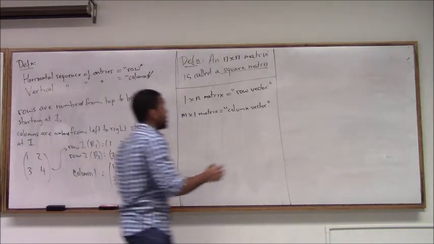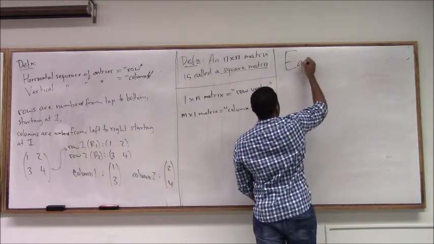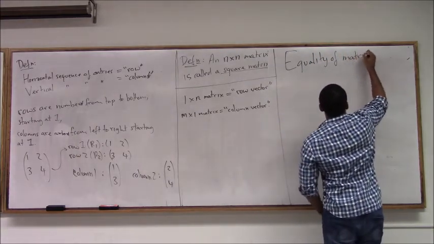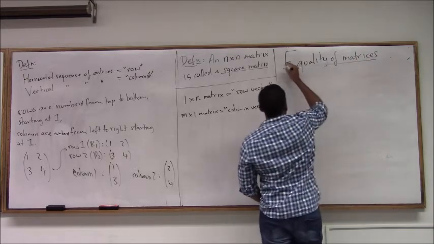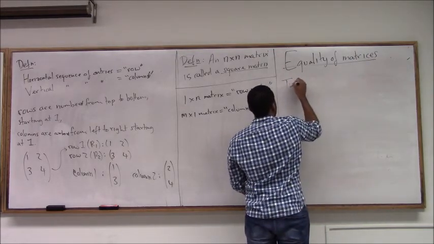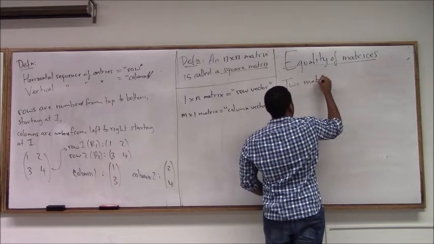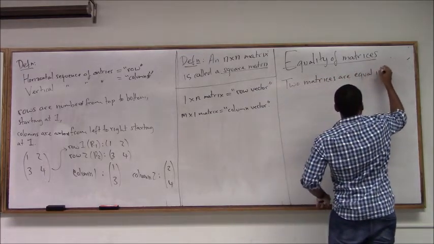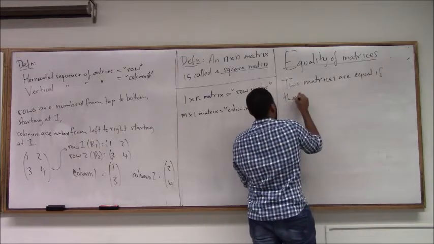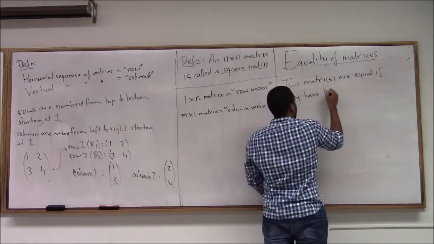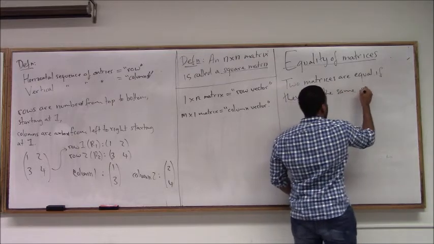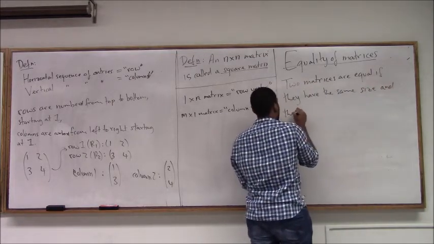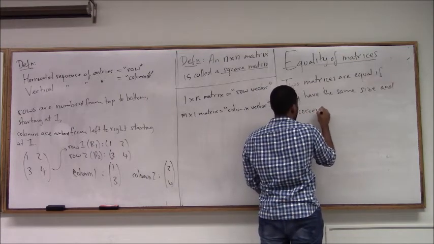Let's talk about equality. Two matrices are equal if they have the same size and the corresponding entries are equal.